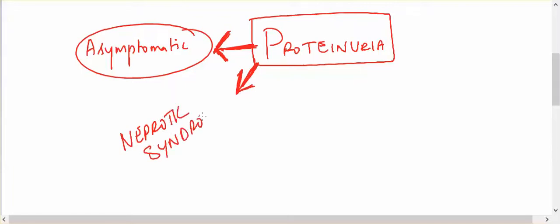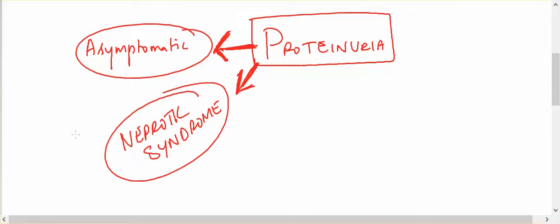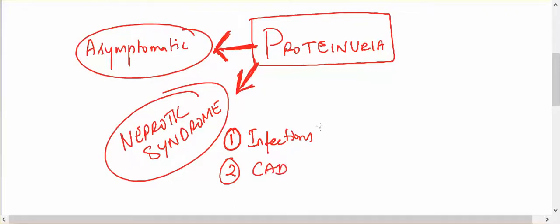Then they will produce all kinds of symptoms. What are the symptoms they produce? They may have frequent infections. They may develop coronary artery disease.